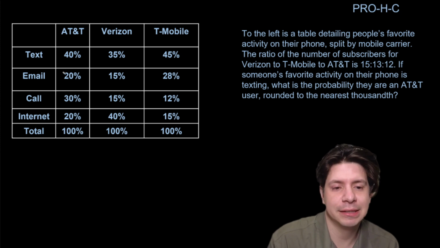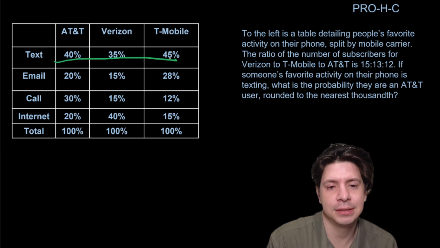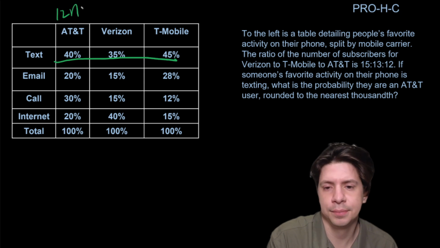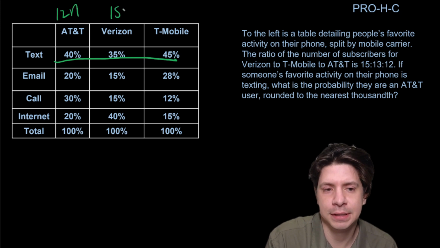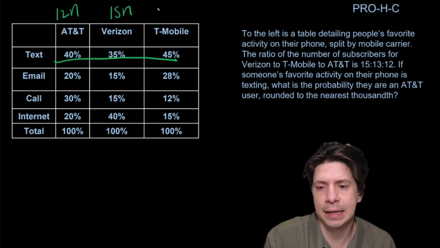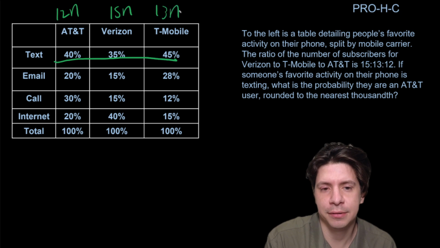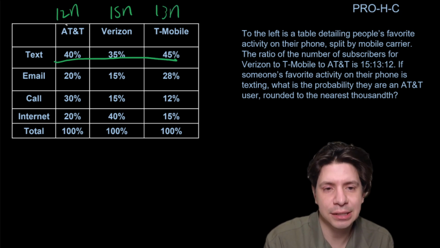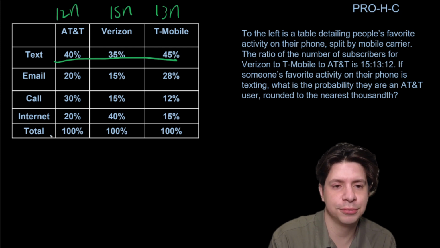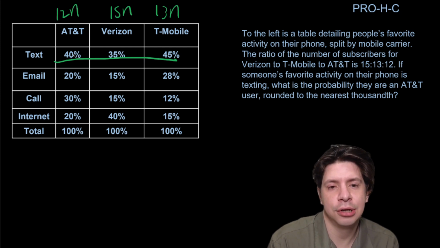So their favorite activity is texting. So these are the percents. So we could say this is 12n, Verizon is 15n, and T-Mobile is 13n, right? So we're going to multiply each of these values by 12, their individual parts. And then the top, the probability part, is going to be the AT&T part.